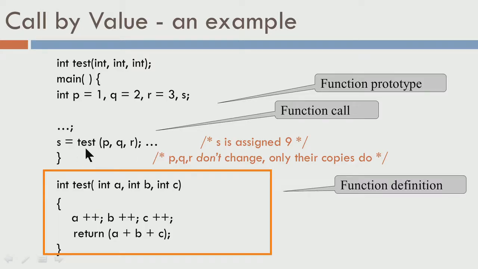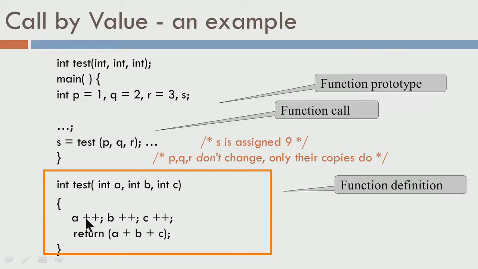You pass p, q and r to test, and they are received by the variables a, b and c. So, a, b and c are local variables. In this example, a is incremented by 1, b is incremented by 1 and c is incremented by 1. So, a would start with a copy of p, which is 1, but it gets incremented, so a would be 2. b gets a copy of q, that is 2, and it is incremented, so b becomes 3. c gets a copy of r, which is 3, and it is incremented, so it is 4.